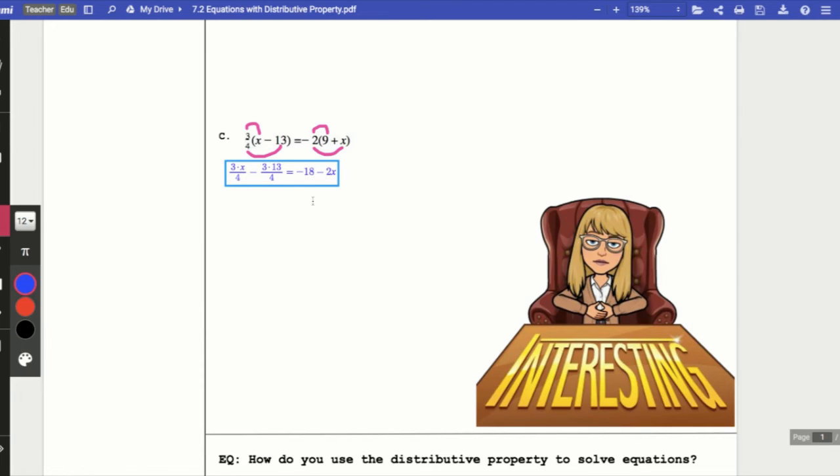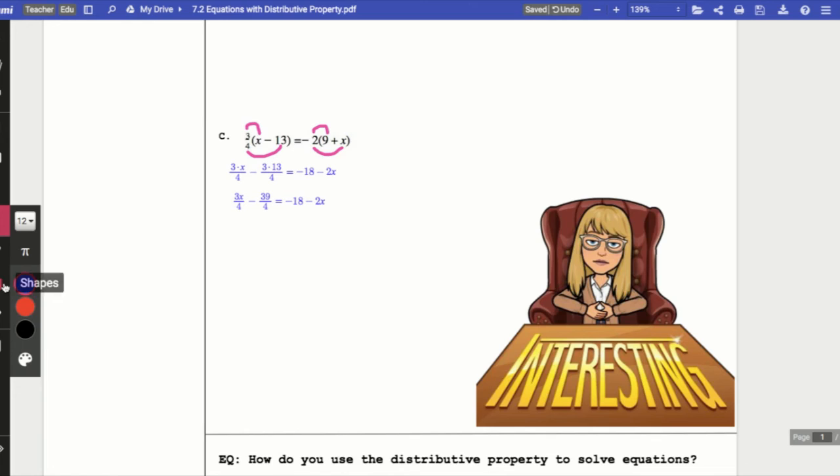All right, so let's go ahead and simplify the left. I have 3x over 4 minus 3 times 13, which is 39, over 4 equals negative 18 minus 2x. So this is where we combine that skill we developed of eliminating the base.